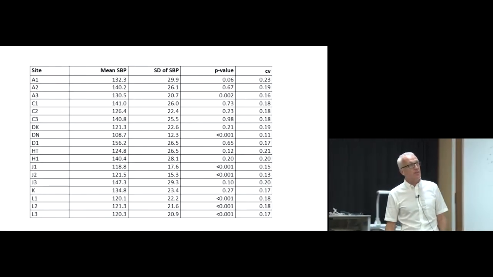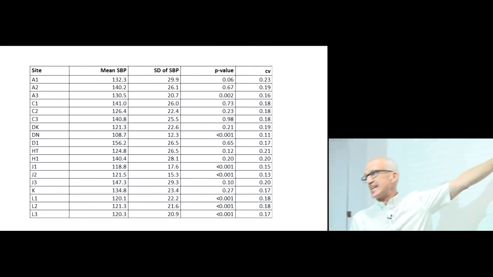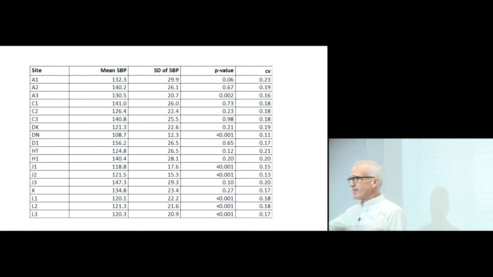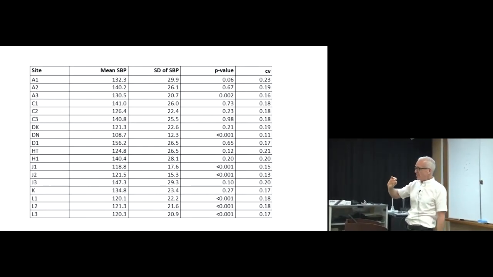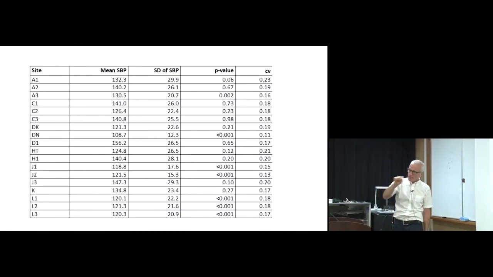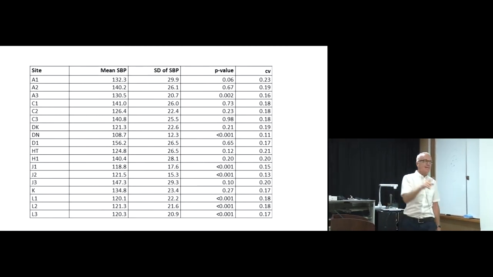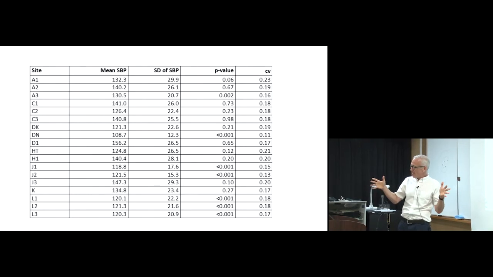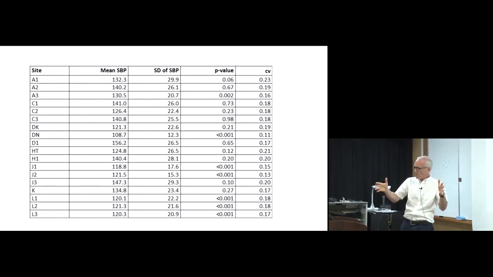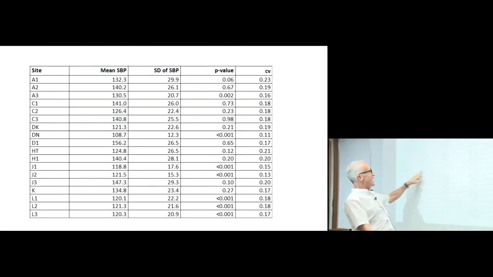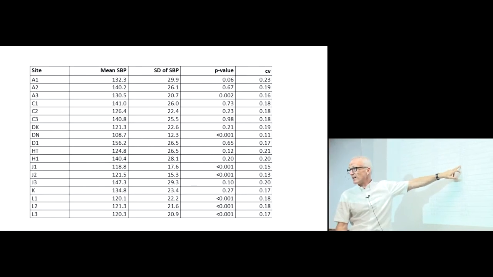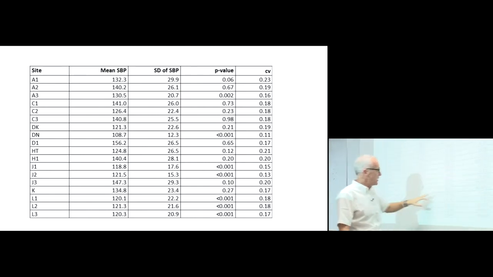Well, these are the p-values for the Levene test. The null hypothesis in a Levene test is that all the standard deviations are the same. And the p-value tells us, if the null hypothesis is true, how likely it is that we'd see a difference from the site to the overall one by chance alone. The ones that come out are DN, with very low variability, and it's very statistically significant.